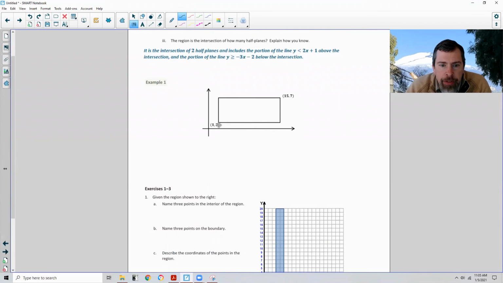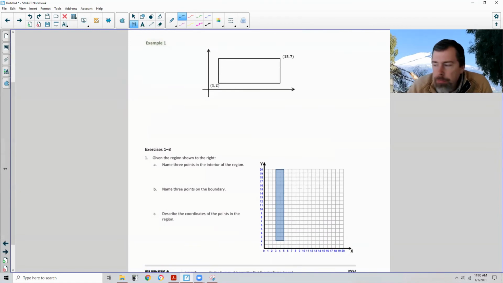Okay, example 1. Here is a rectangle. One corner is at the point 1, 2, and the opposite corner is over at 15, 7. Okay, so in talking about this diagram here, there's a few things that we can talk about. If this were a region, what would be in the solution set?